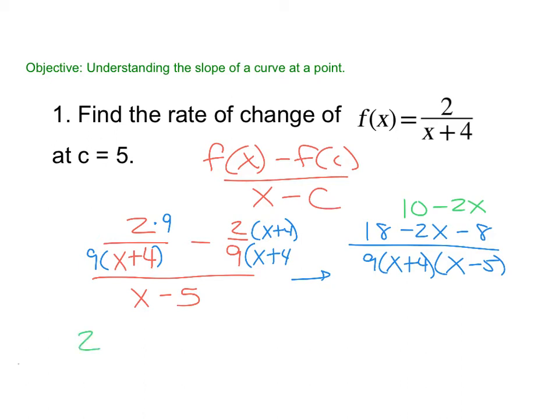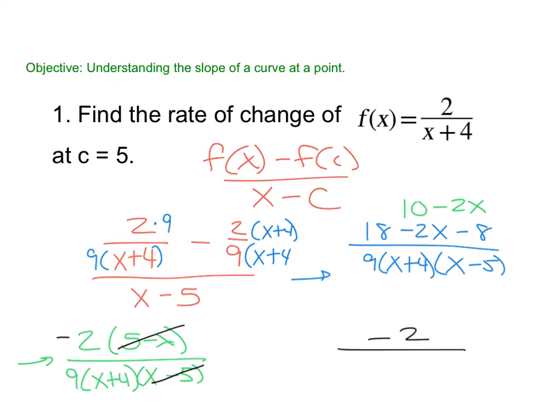So we get 2 times 5 minus x over 9 times x plus 4, x minus 5. Now x minus 5 and 5 minus x, they cancel, but they cancel to a negative. So our answer is -2 over 9 times x plus 4. That's it. That's the average rate of change.